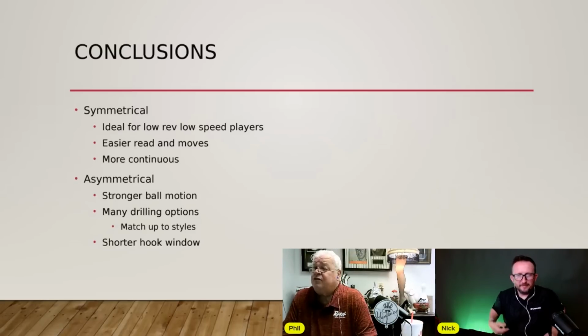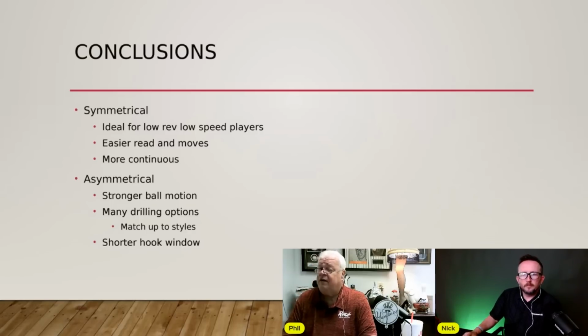So, conclusion: symmetricals are ideal for low rev, low speed players. That's the only time I'm going to say what they're good for, for sure. A low speed, low rev player should definitely have a couple of asymmetricals in their arsenal, because they're not going to force them way in, they're going to keep them online, and they're not going to be over and under and get them into trouble.